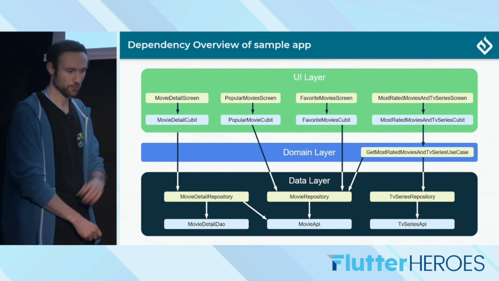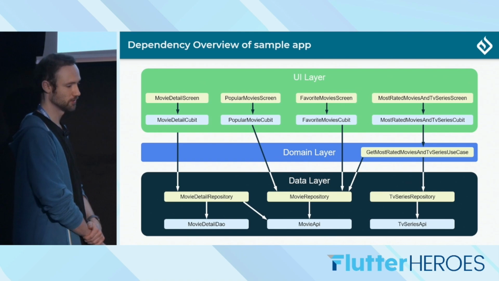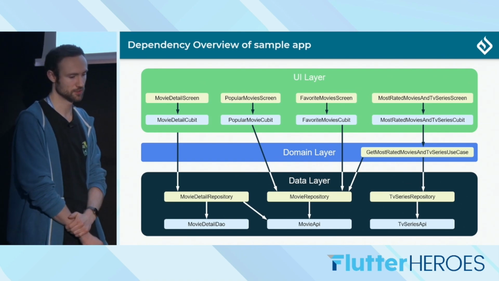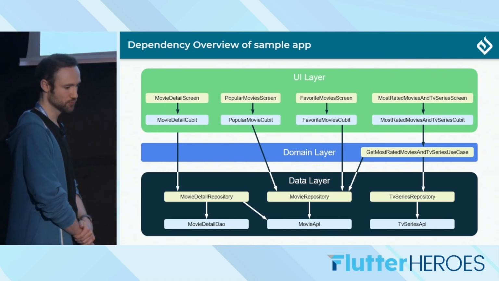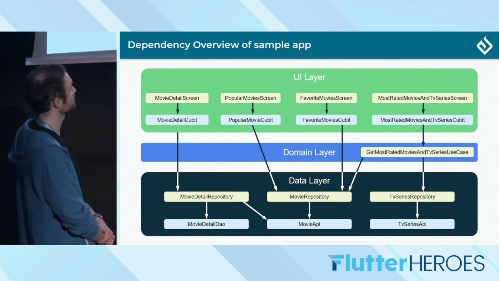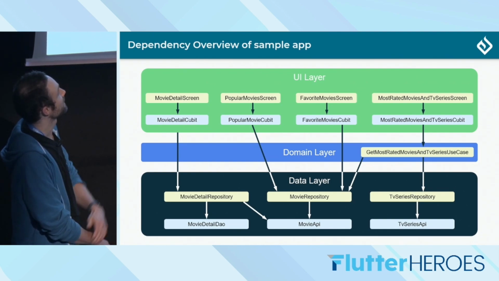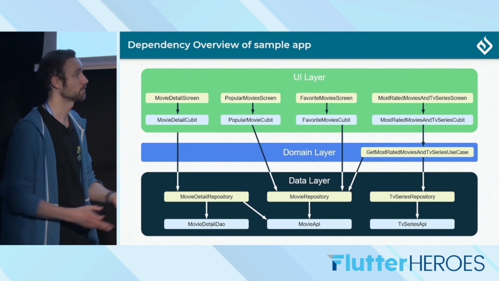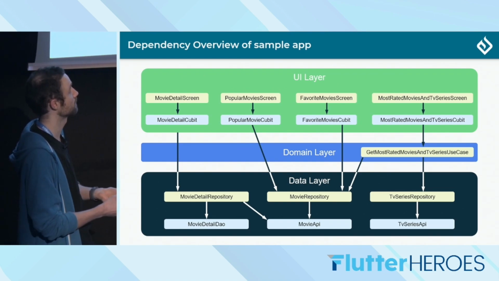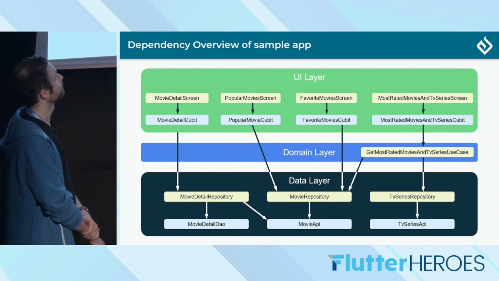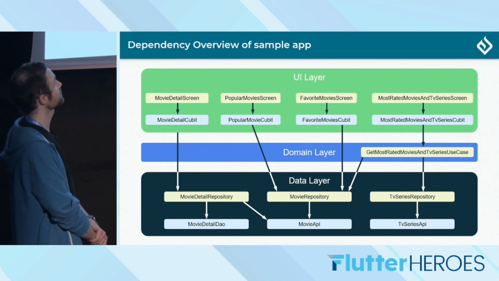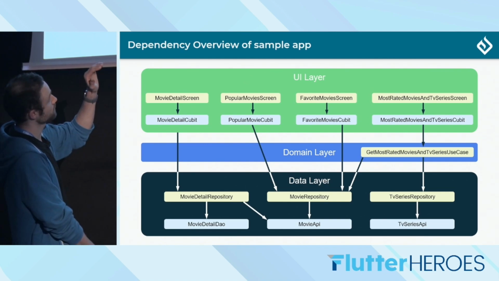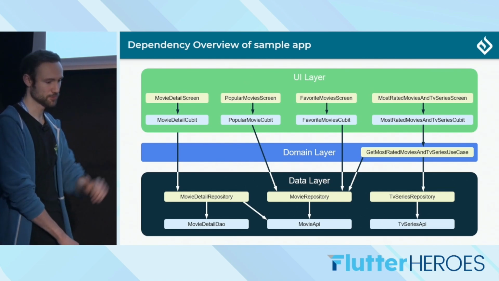When we click on one element in the popular movie screen, we go to the movie details screen. And also the most rated movies and TV series screen, super name. And as you can see, each of them has their own stakeholder, in this case a cubit, but of course we could just replace this library with any other which is suitable for stakeholders. So here we have our cubit, each for one UI element.